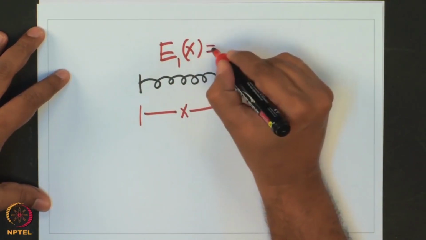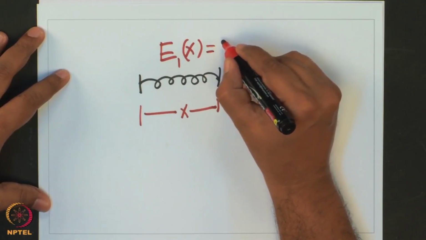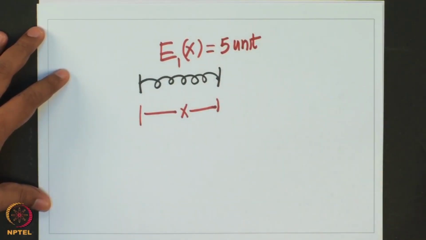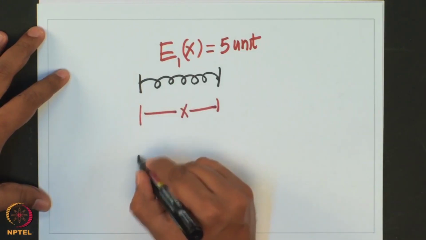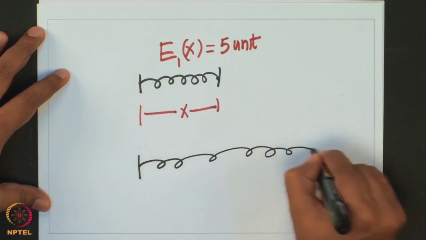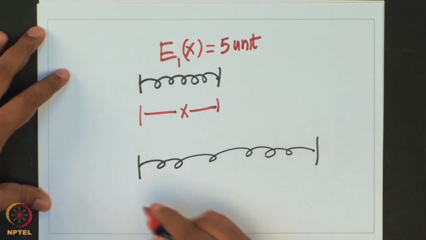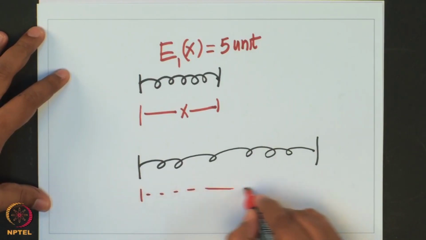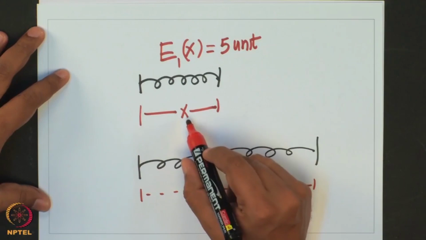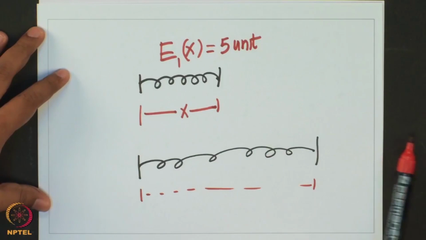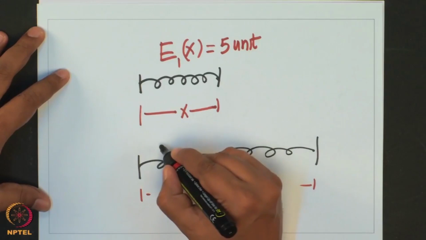So let us say this is 5 units, and this unit could be joule, whatever be the appropriate unit of energy. Now if I have the spring stretched by a distance, so now this is a new x. So if your x is 1, here it is like 2 or 10, a higher x, and here the energy for this x is E2.